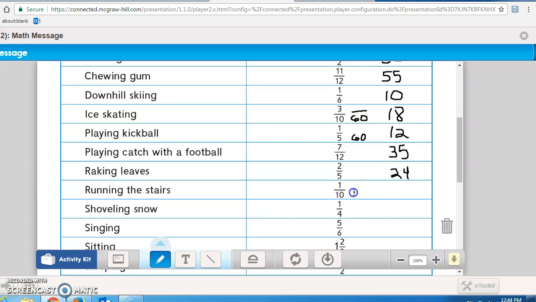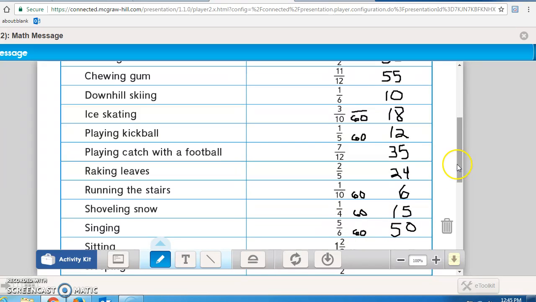Again, 10 to 60, well, 10 times 6 is 60, so 1 times 6 is 6. 1/4, how does that become 60? Well, times 15, so 1 times 15 is 15. Again, 6 times 10 is 60, so 5 times 10 is 50.